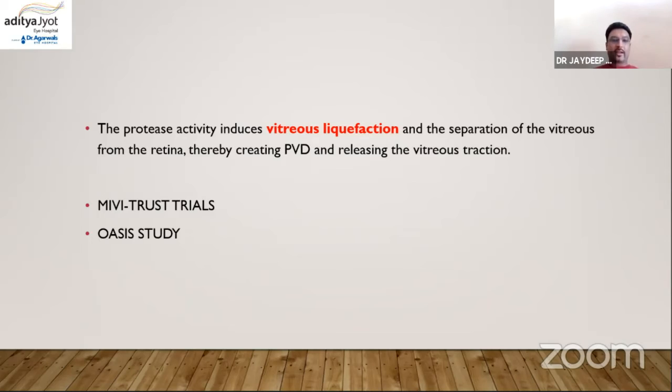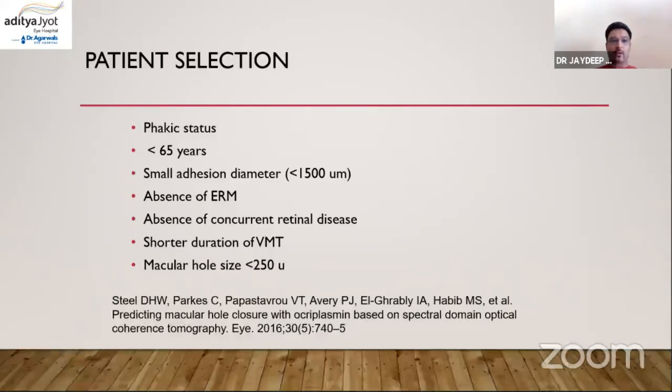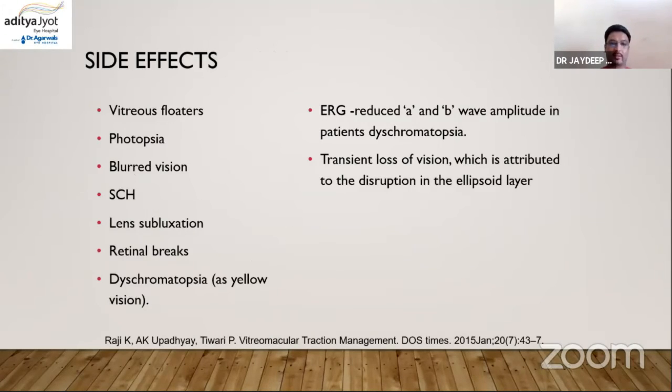The trials showed statistically significant improvement in patients who were treated, mainly for vitreomacular traction, ERMs, as well as macular holes up to stage 2, early macular holes. But the patient selection criteria were quite stiff and there were side effects. As a result, this modality is not so popular now among retina specialists.